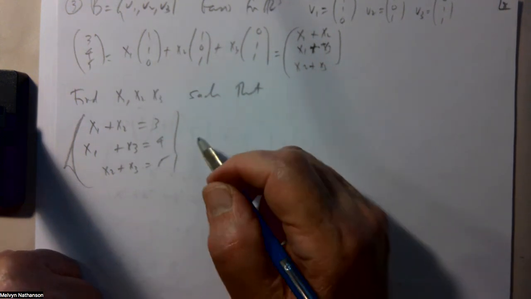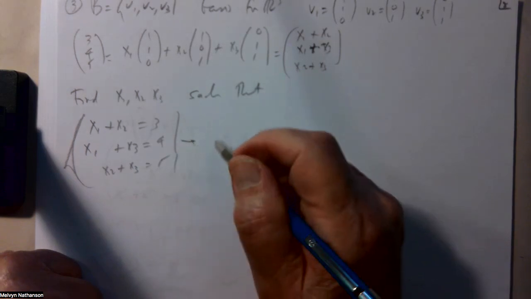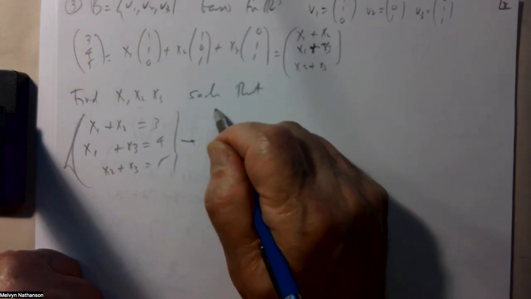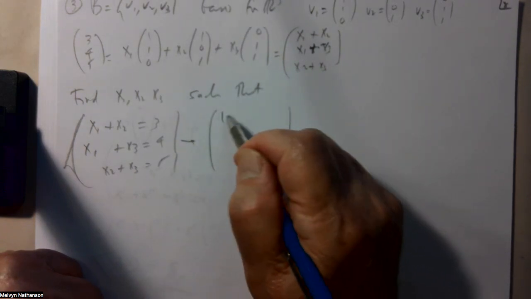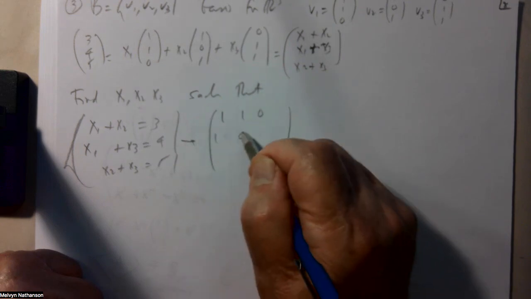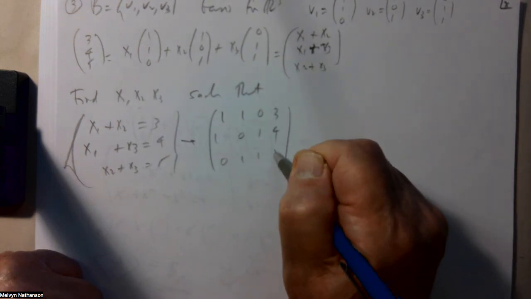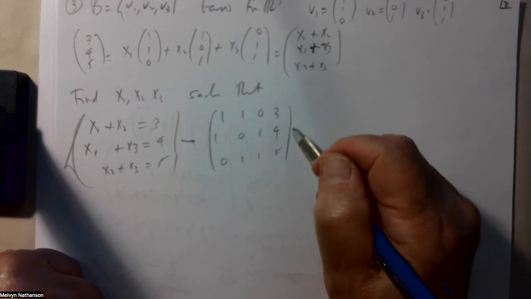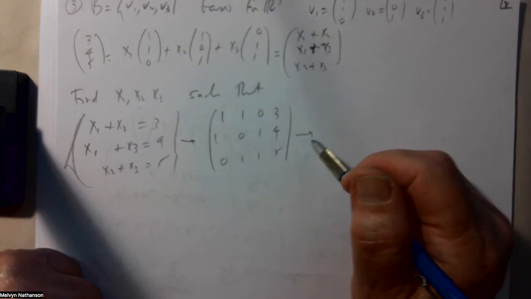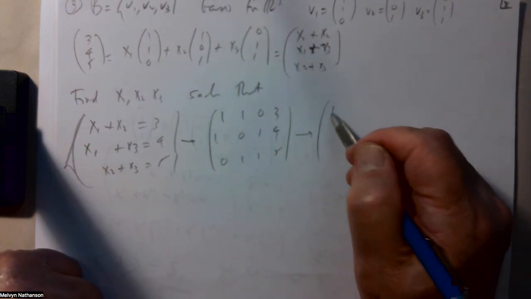So again, you have many choices to do it. I'm going to write down the augmented matrix. The matrix of coefficients is (1, 1, 0), (1, 0, 1), (0, 1, 1). And I augment it by the right-hand column, 3, 4, 5. So I want to put this matrix in reduced row echelon form.